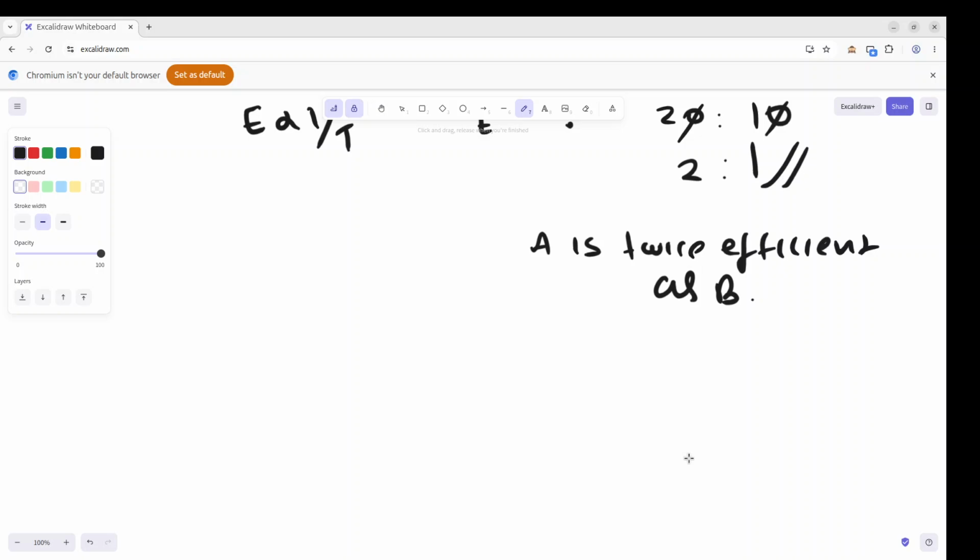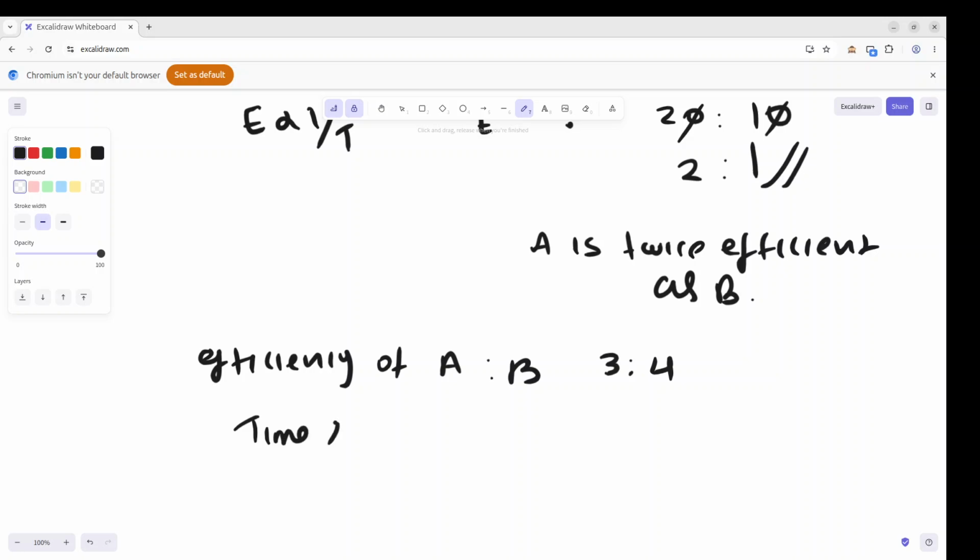Another example. Let the efficiency of A to B be 3:4. That is, the efficiency of A and B is 3:4, the ratio of the efficiency. Then what will be the time ratio?